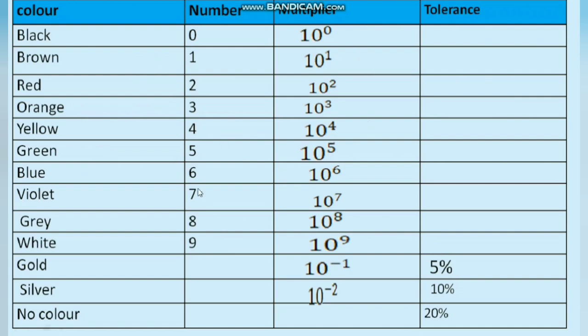That table helps you to find out the resistance of a resistor. In this there is an order of colors, and we can remember that order by using that sentence.